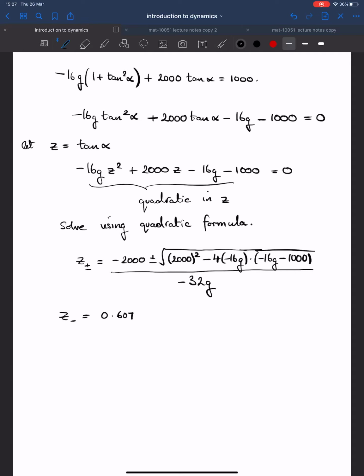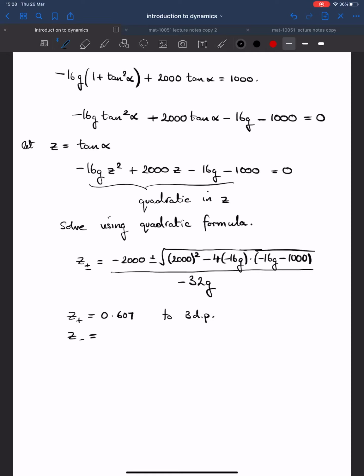Now again, let's put it like this: the values of z from this. I think z minus is actually the highest value according to this notation, so this is z plus, z minus, to 3 decimal places.